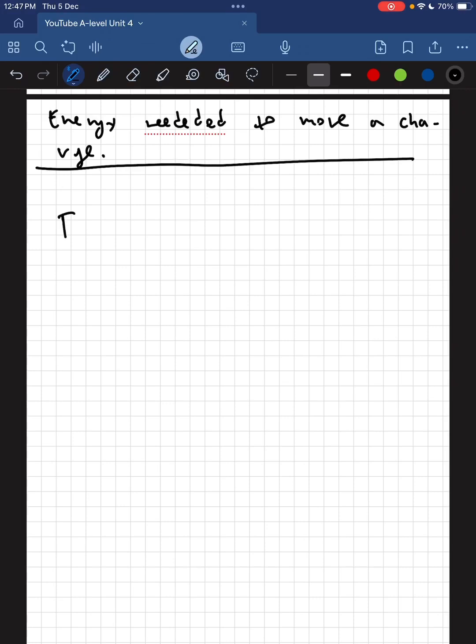Okay, so force is Q times E, and as we saw for point or spherical charges, that's k Q Q over R squared. But the work needed to move something is given by force times distance, right?